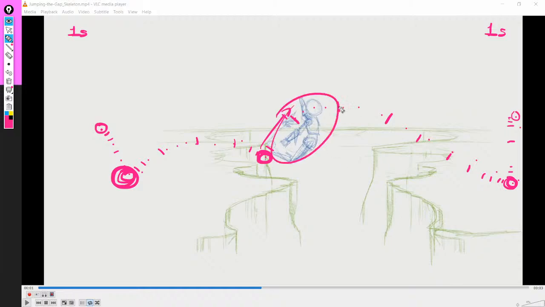This part, really good. The jump from here to here, really good. I think if you were able to hone in on the timing and spacing of this part, you'd be able to figure out the issues of timing and spacing here. Because I think there are some frames you could cut up here to make the jump faster, and I think that would benefit it.